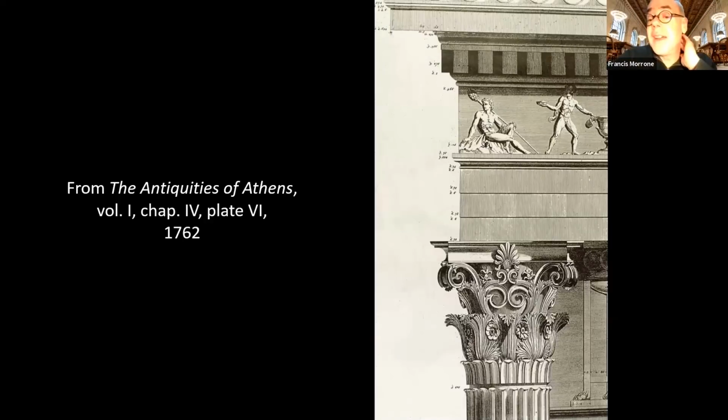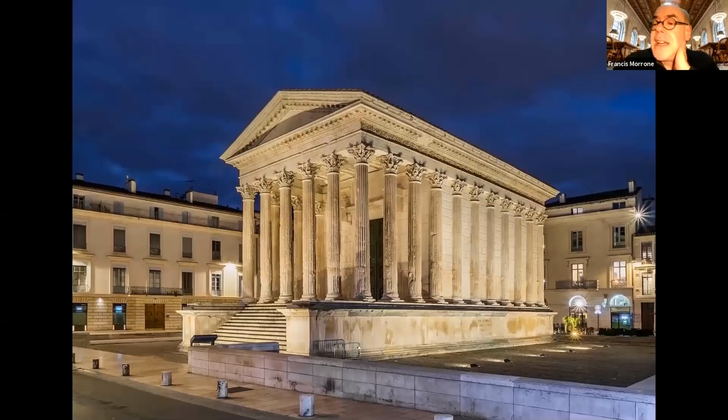A very beautiful and florid version of the Corinthian column, and I thought that that was the best place with which to conclude tonight's talk about Greek architecture, because the Corinthian will figure very largely in the story of Roman architecture. And here we see one of the greatest of all Roman buildings, the Maison Carrée in Nîmes, a building about which I will talk next week.